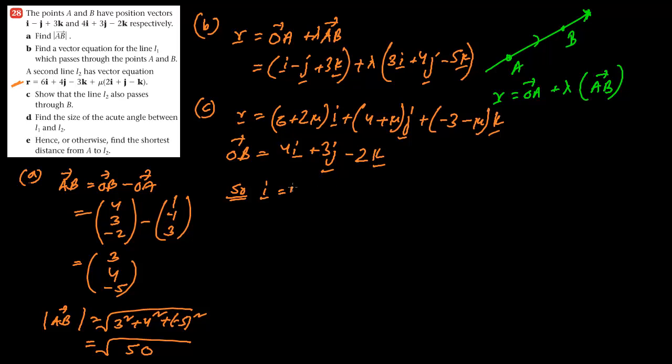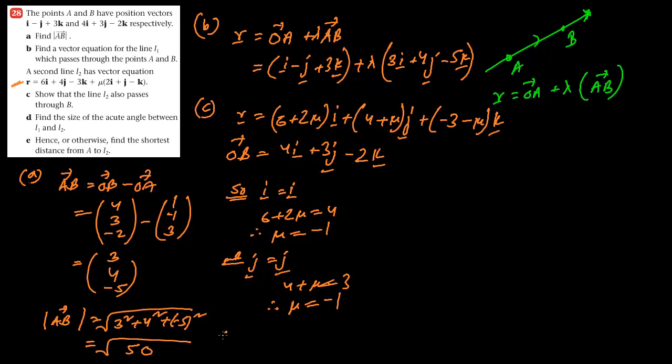So for i equals i, 6 plus 2 mu equals 4. Therefore, mu equals 4 minus 6 is minus 2, divided by 2 is minus 1. And j equals j, 4 plus mu equals 3. Therefore, mu equals 3 minus 4 is minus 1.